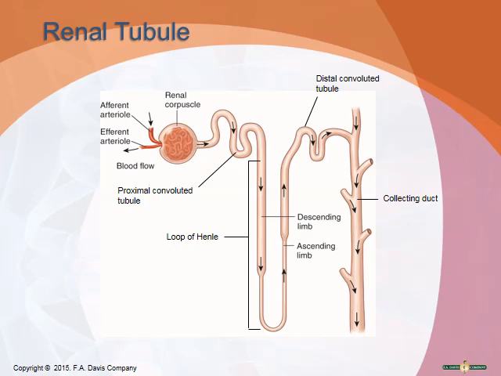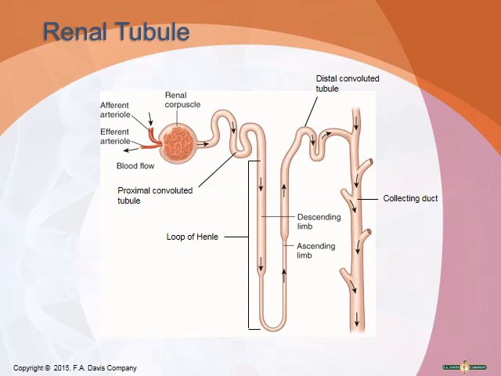In the case of the tubule, we have the proximal convoluted tubule, which is closest to the glomerulus, the loop of Henle, which has two parts, the descending limb, which is first, and then the ascending limb. And then we have the distal convoluted tubule, which connects along with distal convoluted tubules from other nephrons to the collecting duct. And at the collecting duct is where you're going to see urine.